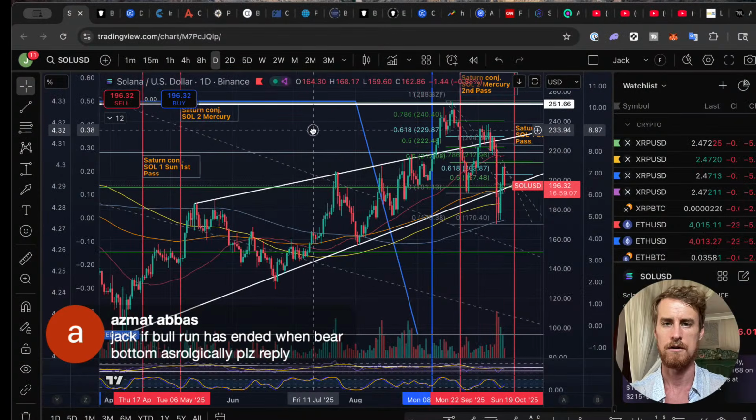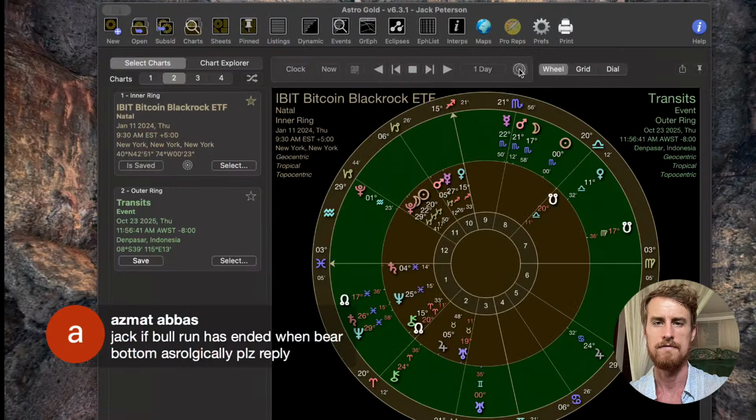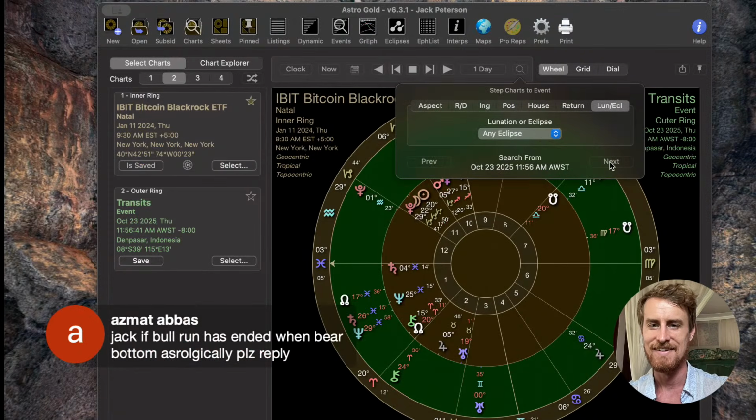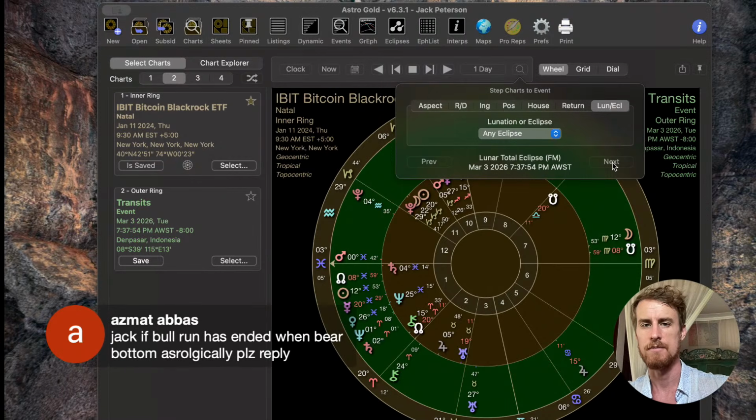Okay, here's the chart. So basically, we have another total lunar eclipse on March 3rd of next year. And typically those are extremely bearish.